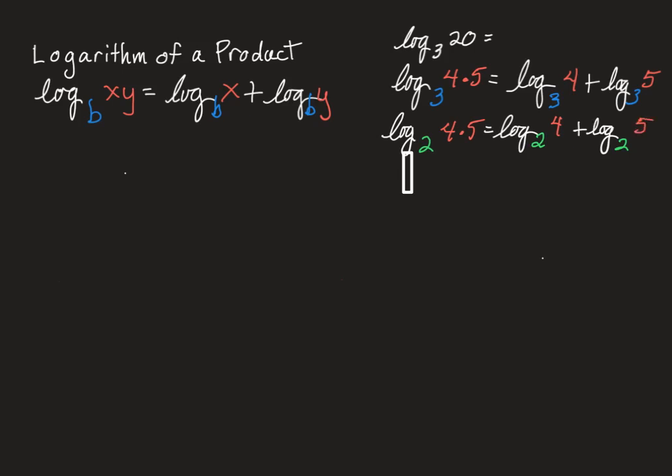We can evaluate one of those logs. The log base 2 of 4: what exponent of 2 will give you 4? The answer is 2. So we now have 2 plus the log base 2 of 5. So we have evaluated that as fully as we can without a calculator.